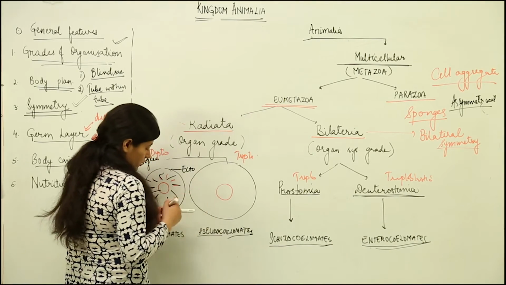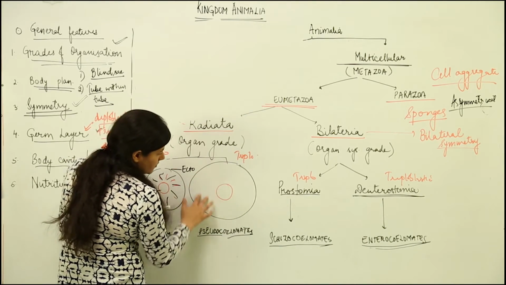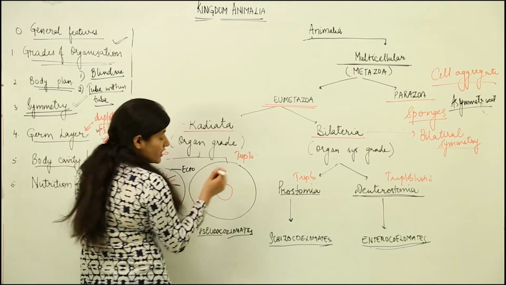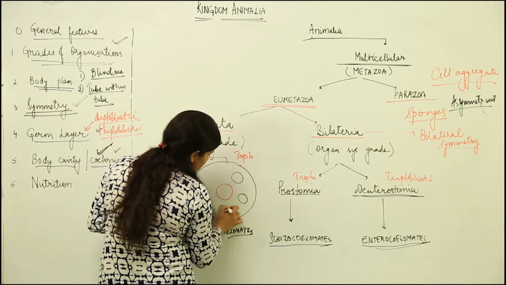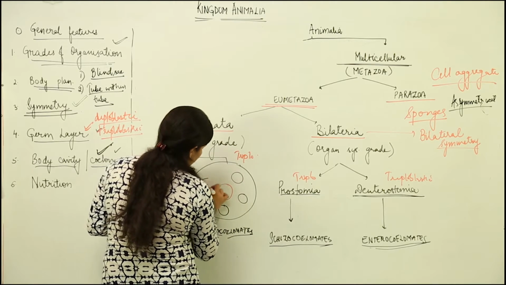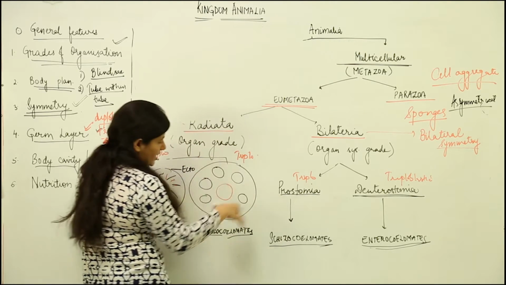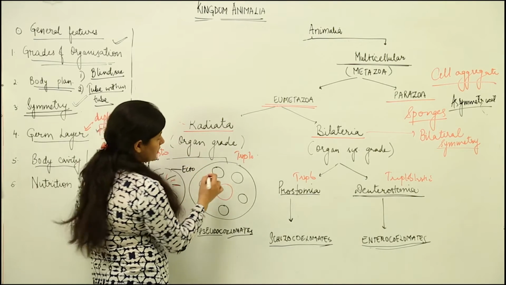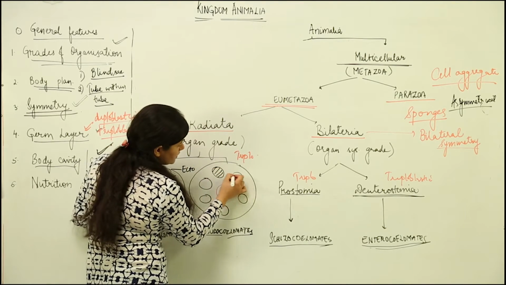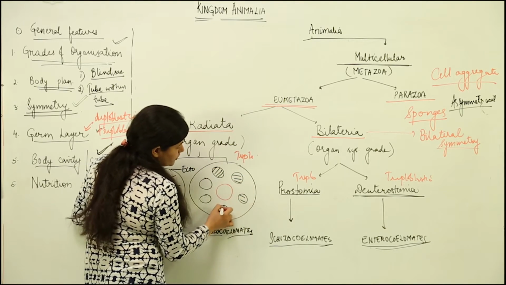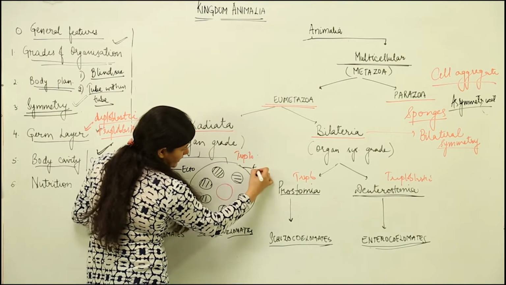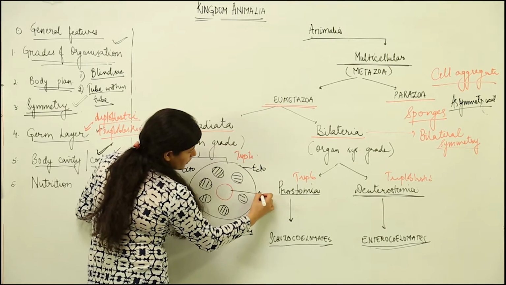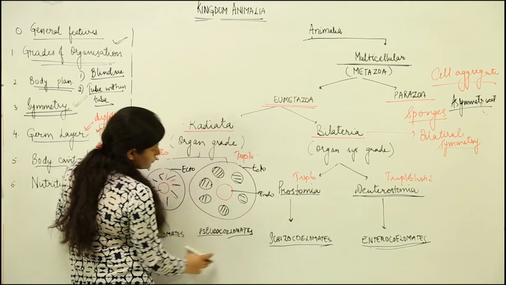In case of pseudocoelomates, there would be parenchymatous cells over here, there won't be any coelom. There would be mesodermal pouches present inside a parenchymatous arrangement, or cells which do not form mesoderm properly. These are the mesodermal pouches subtended between the ecto and endoderm. So this is what is known as pseudocoelomate arrangement.